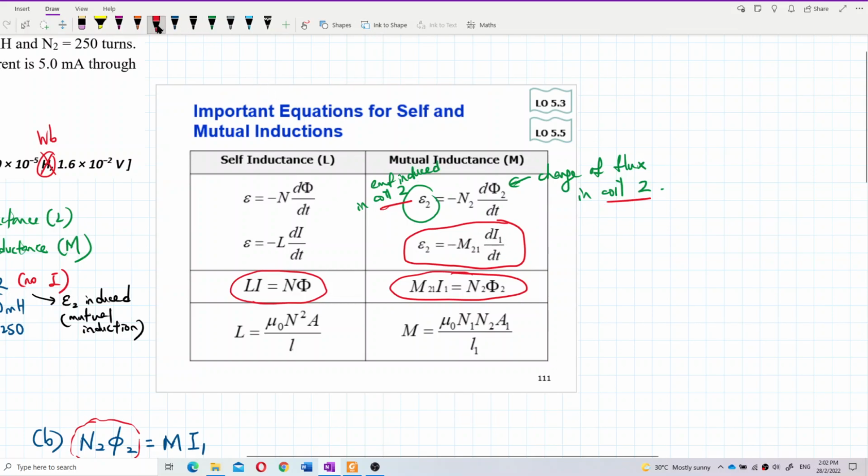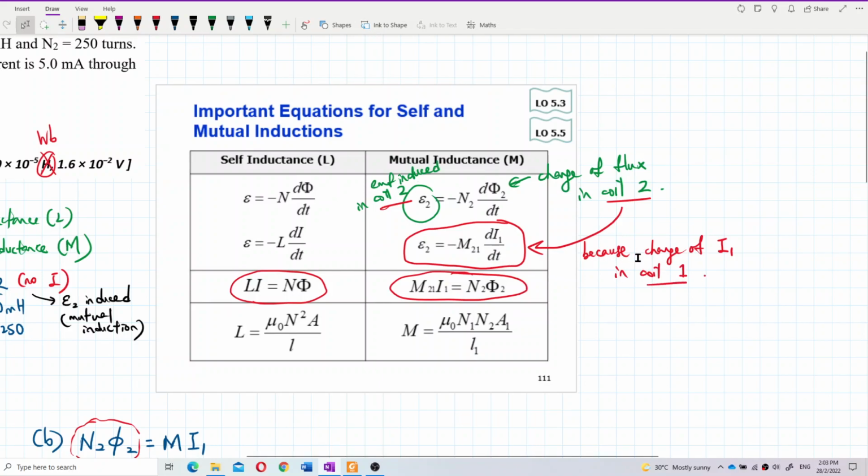Why is there a change of flux in coil 2? Because of the change of current I1 in coil 1.